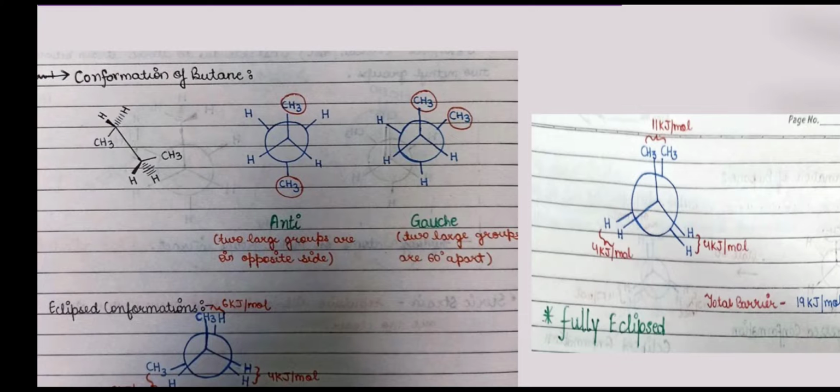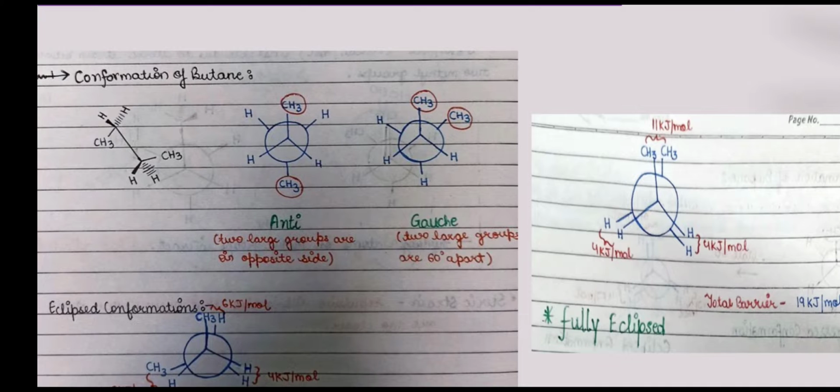So the CH3 groups are aligned 180 degrees from each other. That is the highest distance possible, so the repulsion in this case is minimum. That's why the structure will be most stable, and we'll study later on that the anti conformation is the most stable of them all.